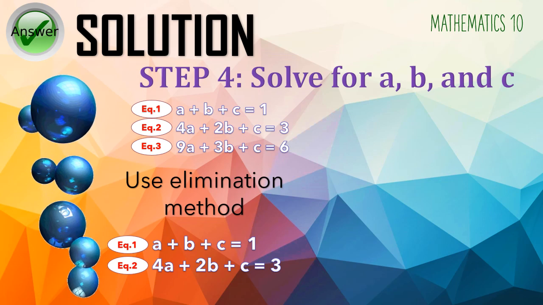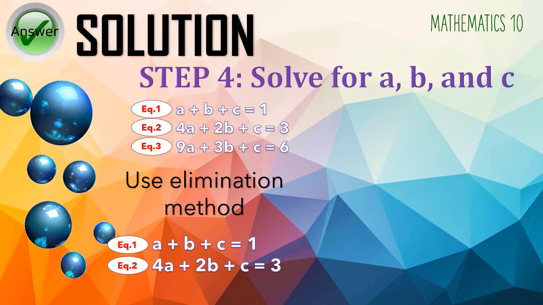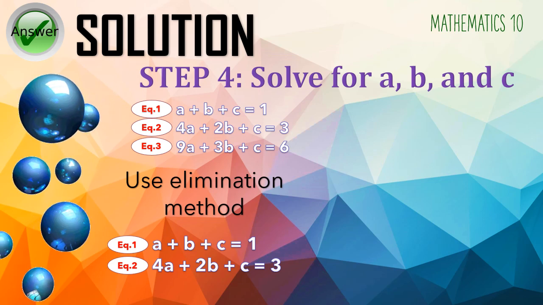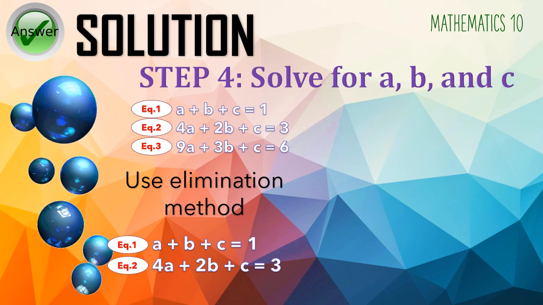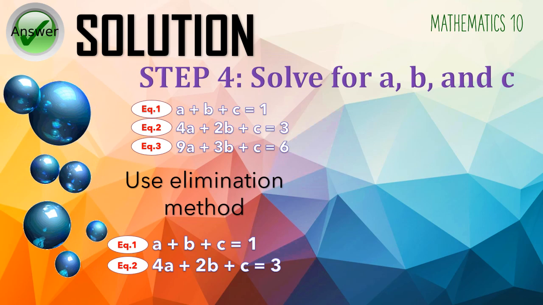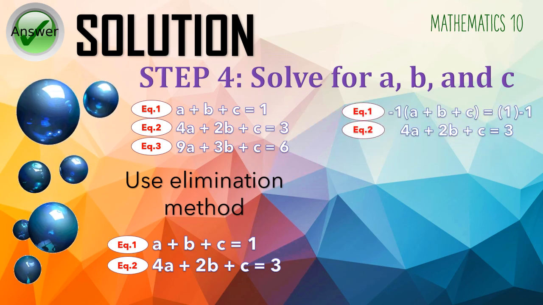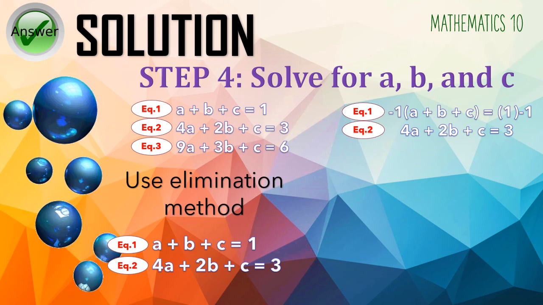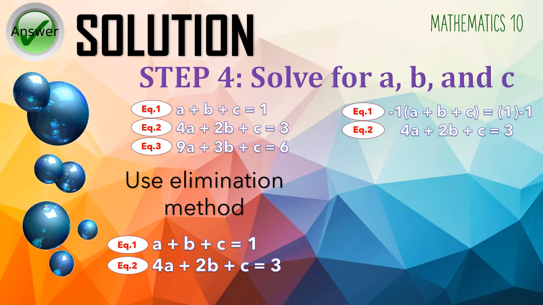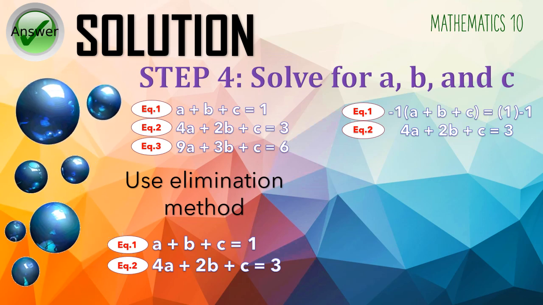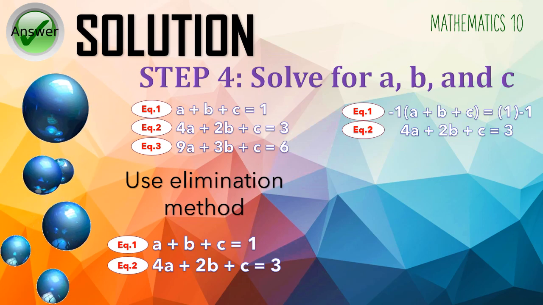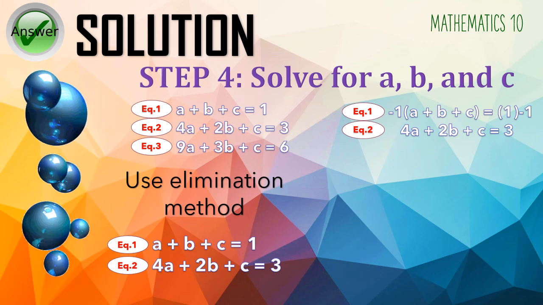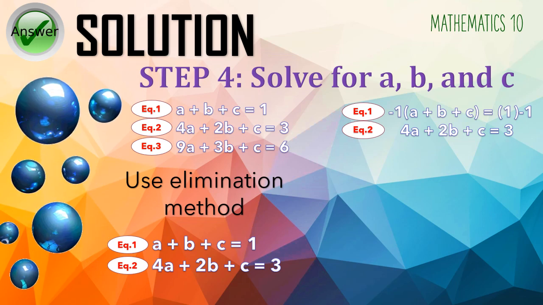As you can see, we cannot eliminate one of the terms yet because we don't have additive inverses of terms there. So we need to look for a factor or factors, but this time I'll be using -1 as the factor, wherein I will multiply it with equation 1 so that I can have an additive inverse of one of the terms there.